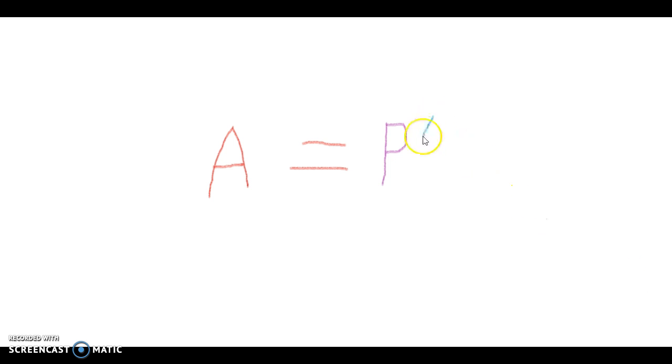Parentheses, I, which will represent here your interest. So this could be like putting something in a bank or just really anything. Plus or minus your rate.